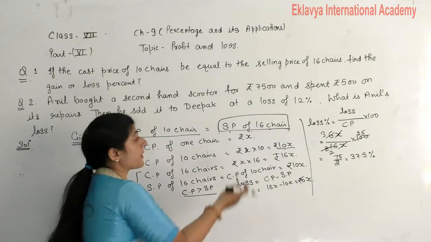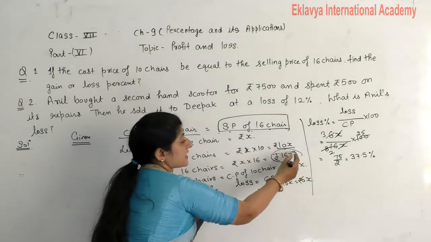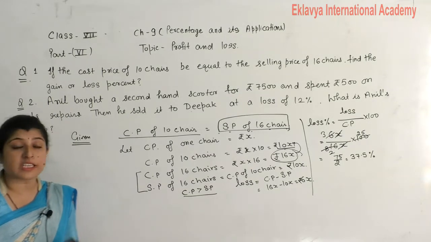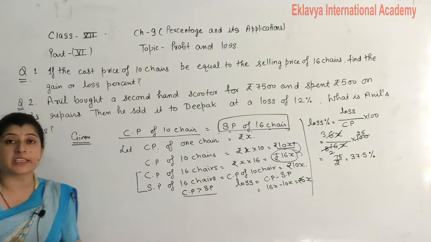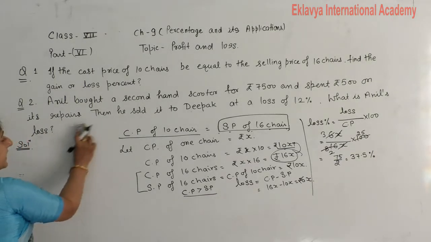Then what is the cost price of 16 chairs? Then we get 16x. Now compare these two, then you will find your gain or loss, and after that find your gain percentage or loss percentage. Okay, now see the next question.